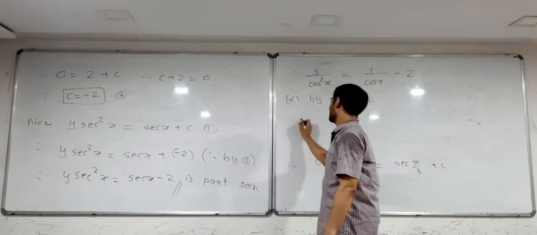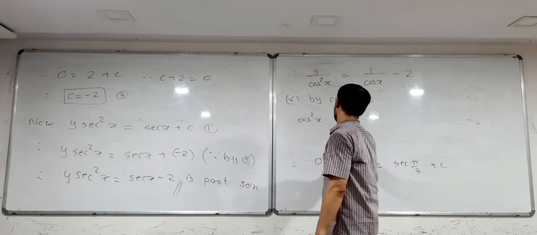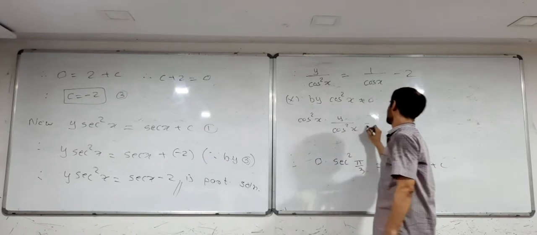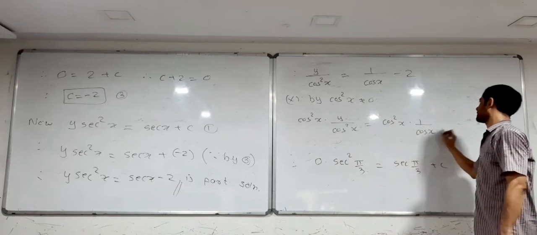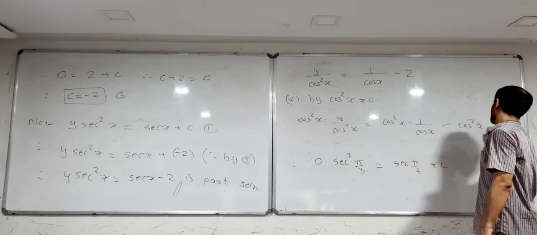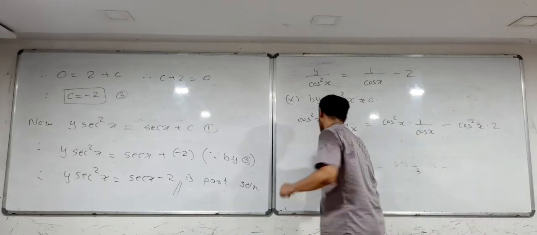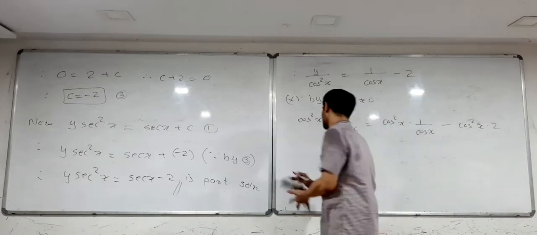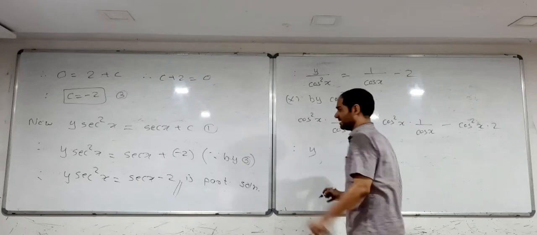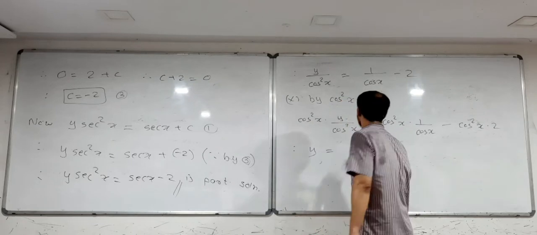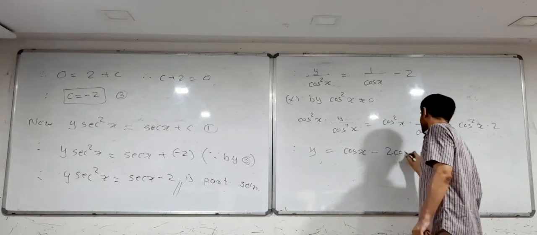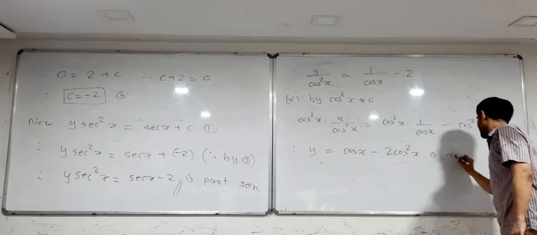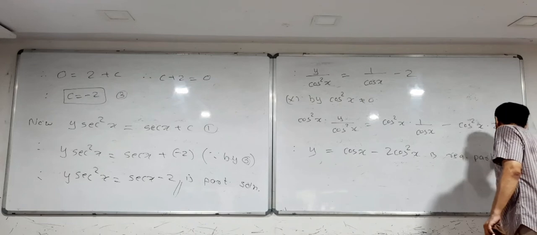Cos square x cancels. So y is equal to cos x minus 2 cos square x, which is the required particular solution.